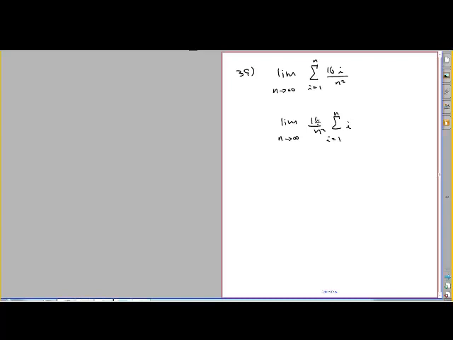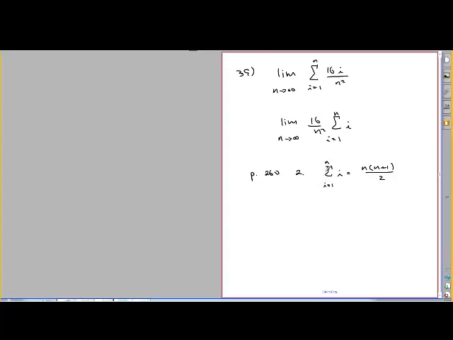That's on page 260. If you look at page 260, summation formulas, equation number 2 says the summation of i from i equals 1 to n is equal to n times n plus 1 over 2.